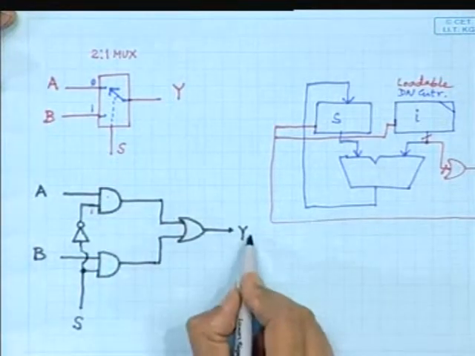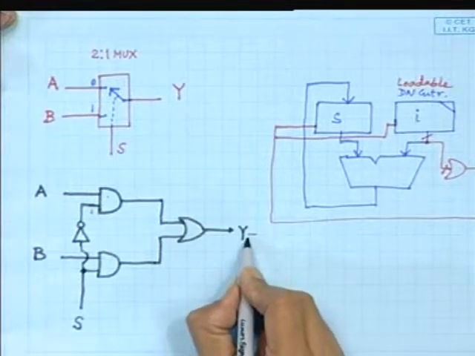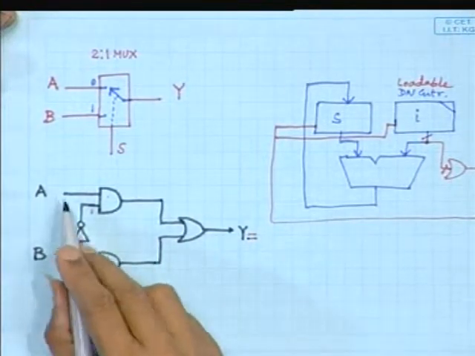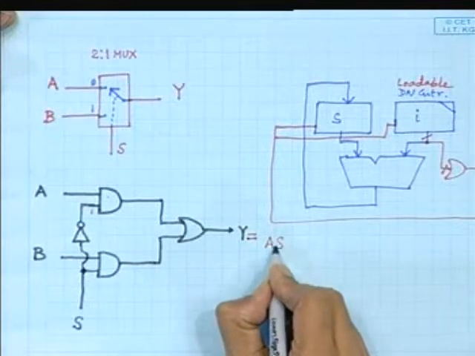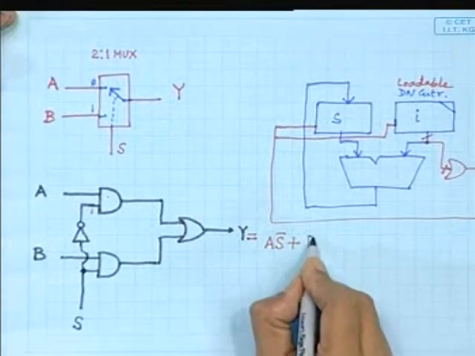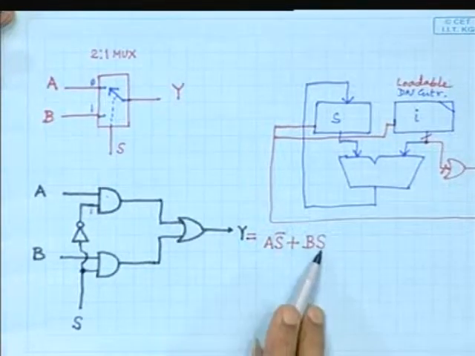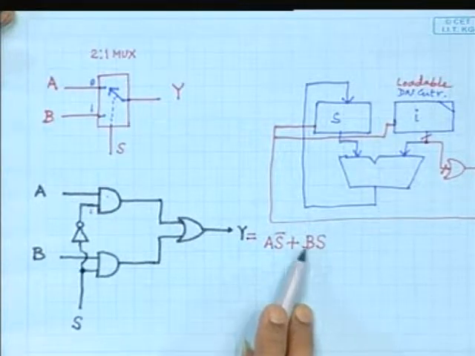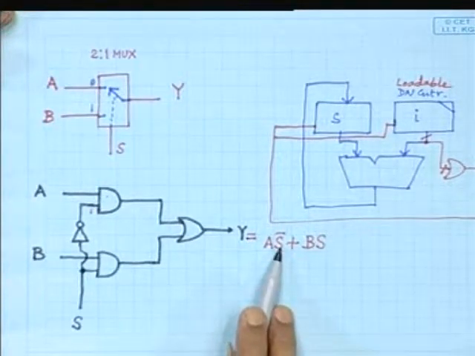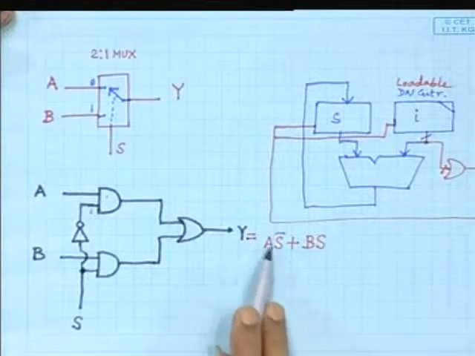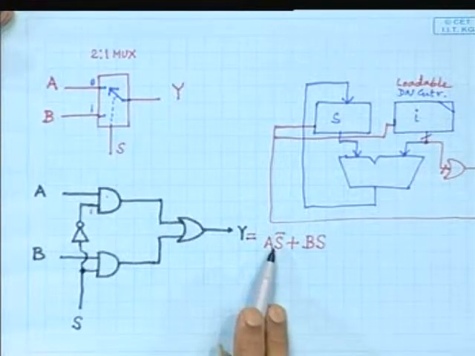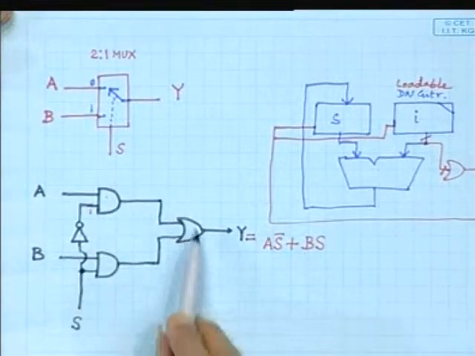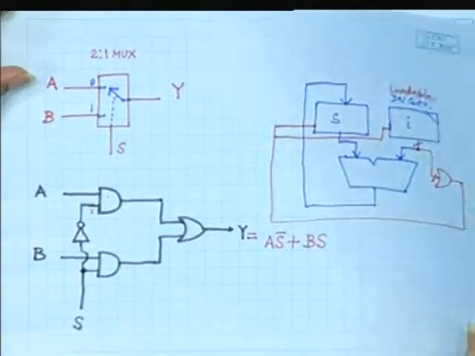What is basically this Y? Its logical expression is A into S bar plus B into S. That means if S is high, then B will be at the output. Otherwise, if S bar is high, that means S is low, then Y will be equal to A.